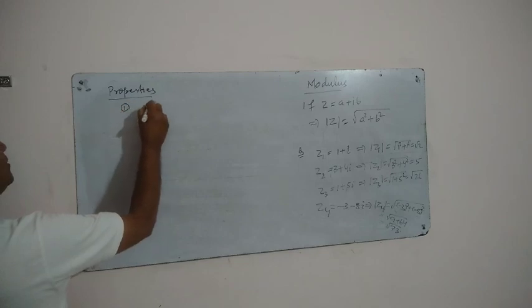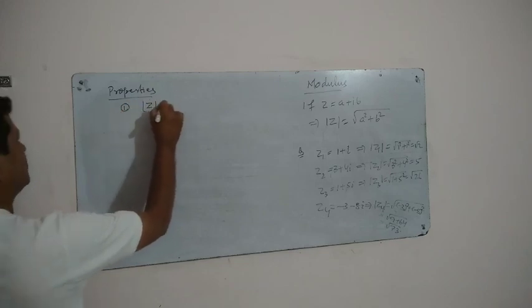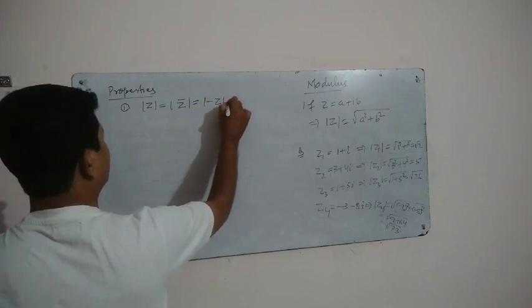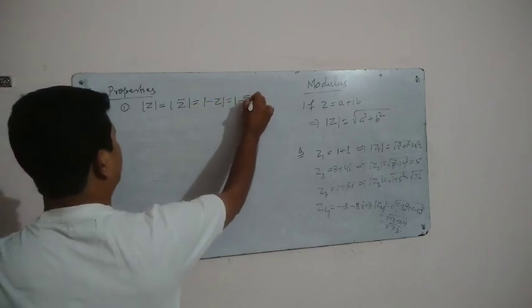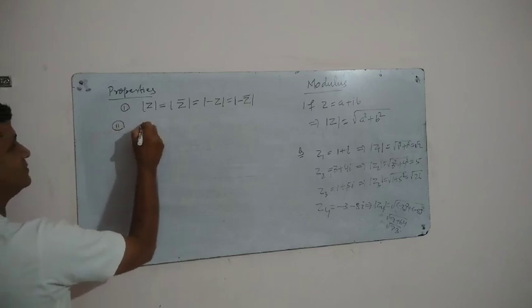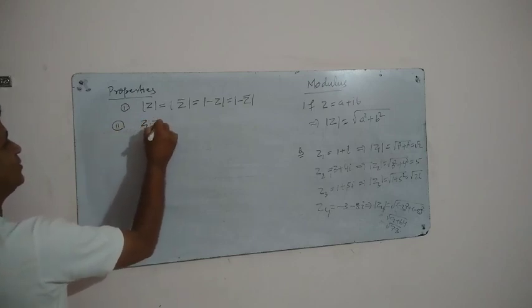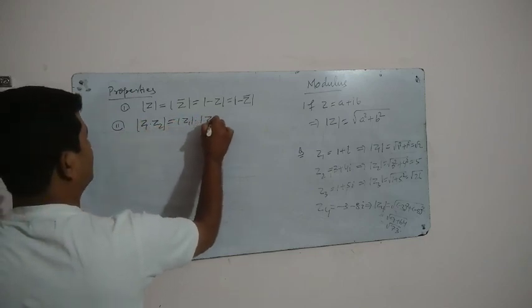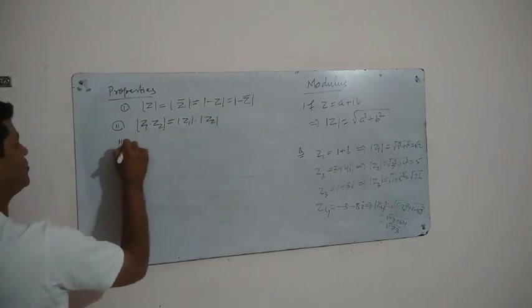First, mod of Z is equal to mod of Z conjugate, equal to mod of minus Z, equal to mod of minus Z conjugate. Second, Z1 into Z2 whole mod is equal to mod Z1 into mod Z2.